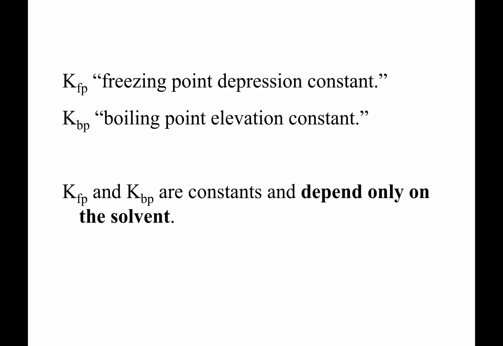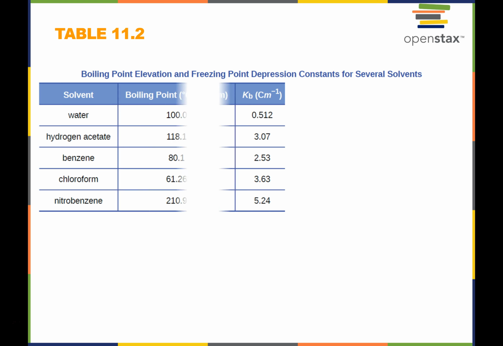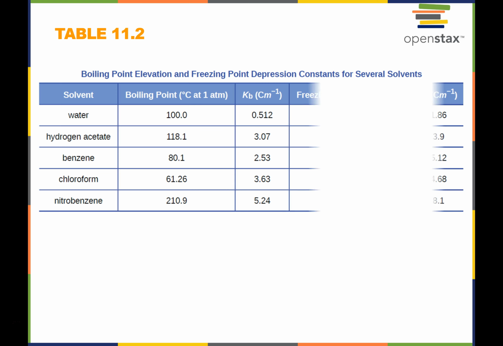So you should have a couple slides with freezing point depression and boiling point elevation. The C, this is degrees Celsius per molal. That's what the C m to the minus 1 is.